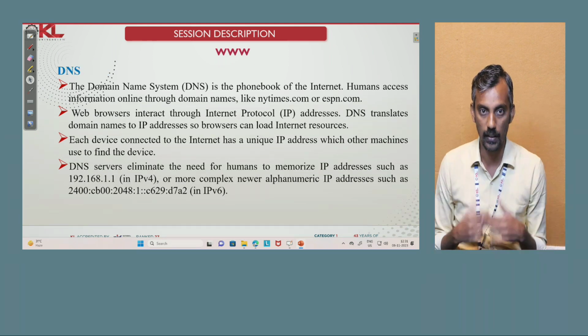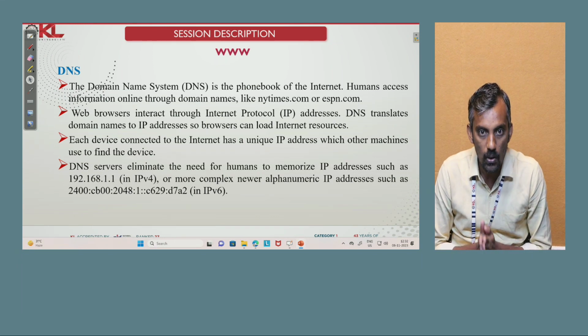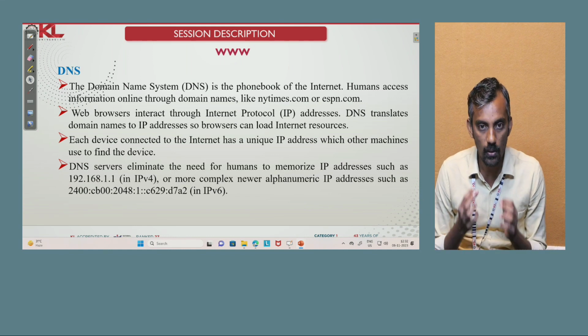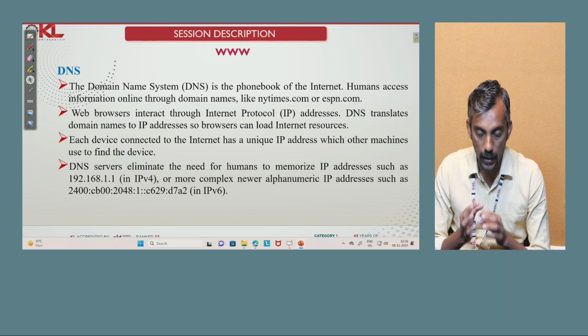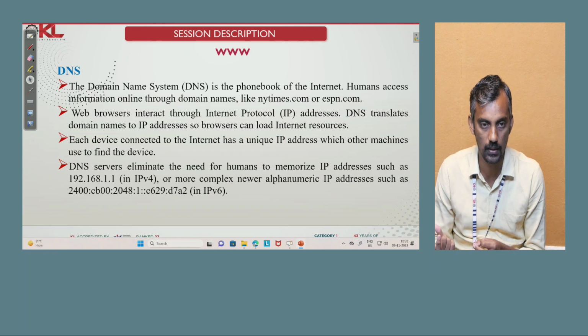The next important thing in the World Wide Web is the Domain Name System. The Domain Name System is the phone book of the internet. It contains the web address for each website; a URL corresponds to an IP address.